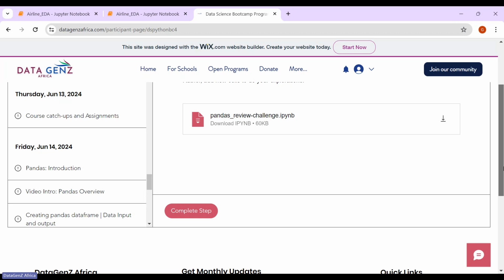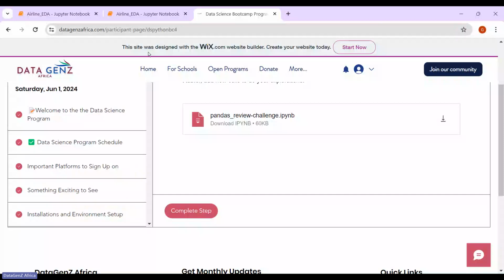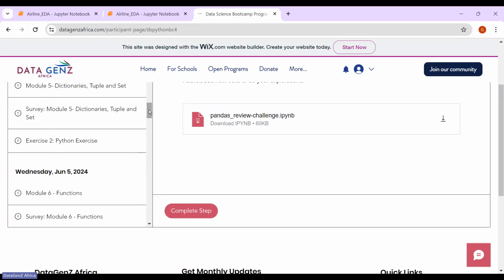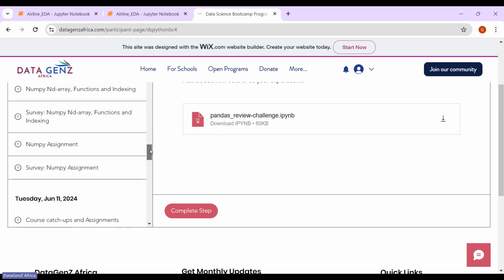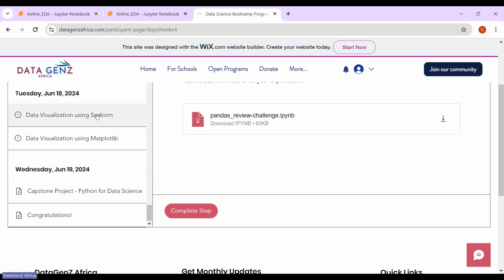It's going to firm up all the basic skills that you need for pandas. You can also find it under the class recordings, and then you submit the challenge. It's self-graded, but you can submit the exercise.